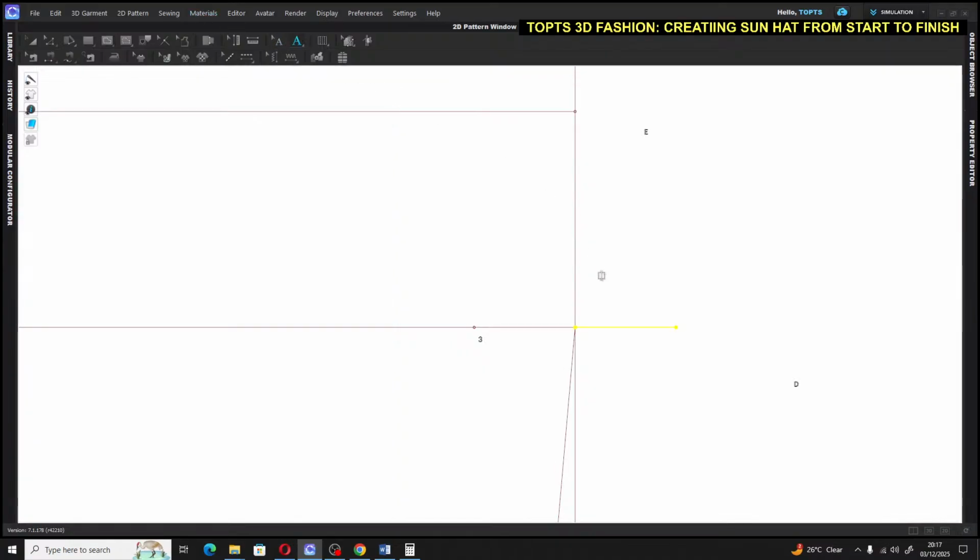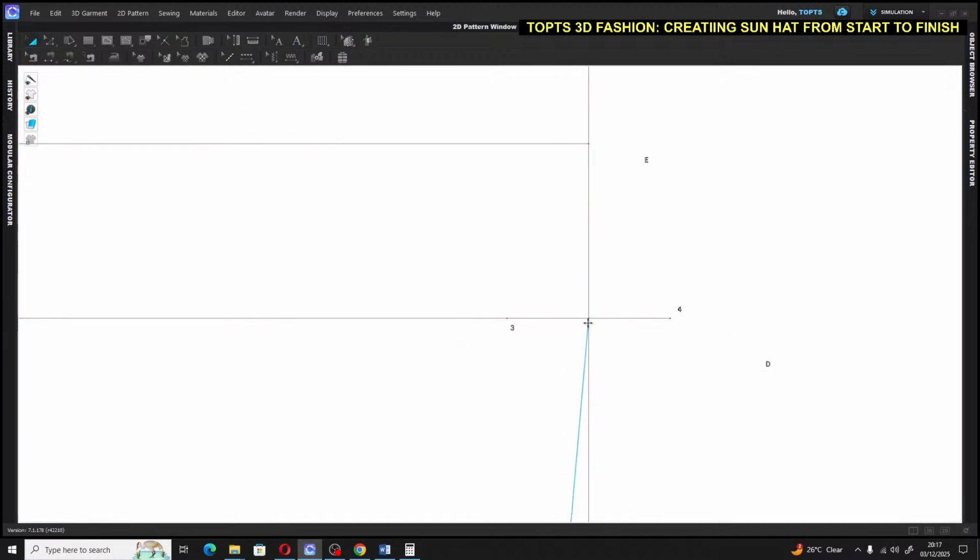And here we label this point as point 4. So from D, we have marked outwards 0.75, which is for the bigger sleeve.